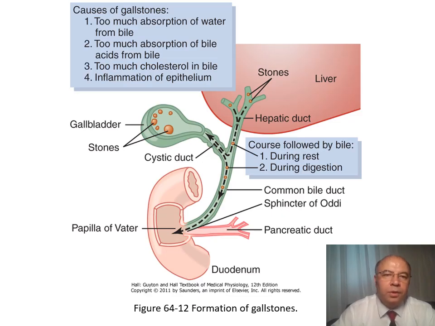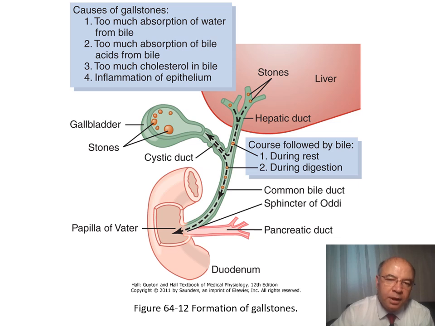In this figure, you see the formation of gallstones. Since bile is concentrated in the gallbladder, sometimes stones are formed there, and then these stones can enter the choledochus and block it.